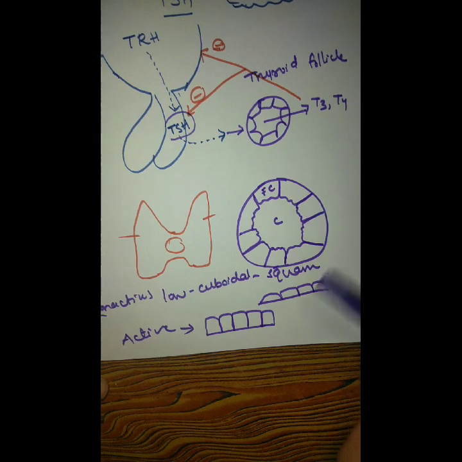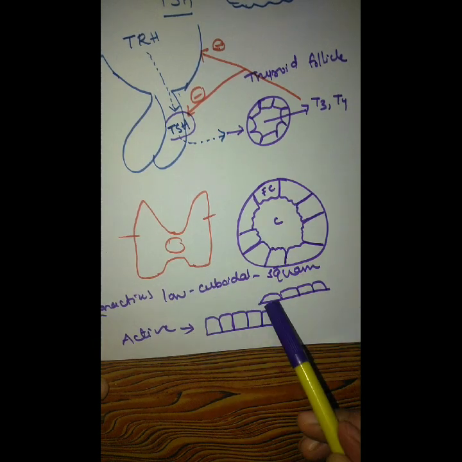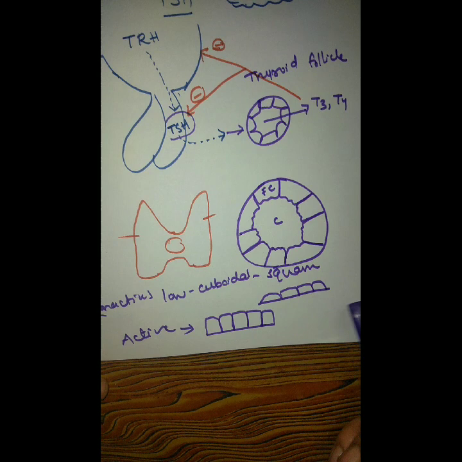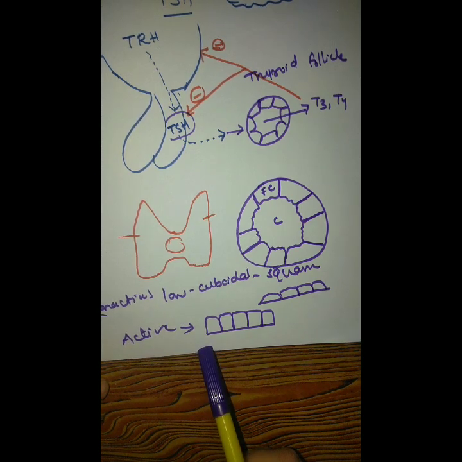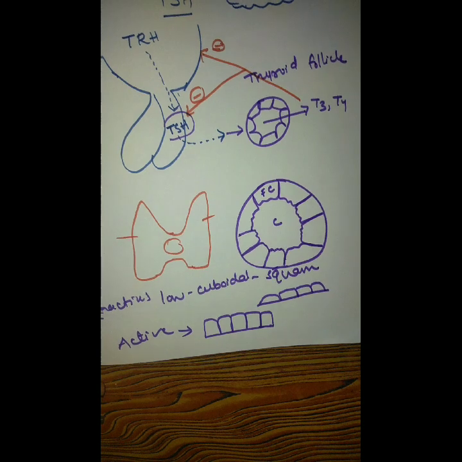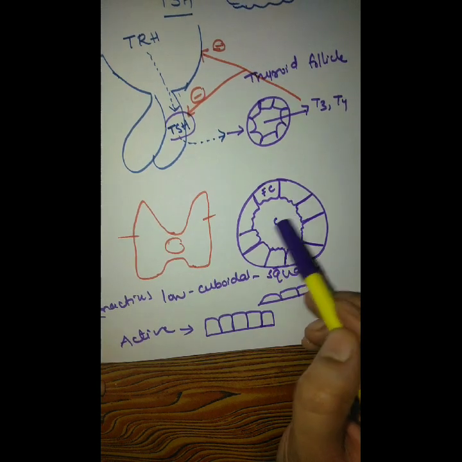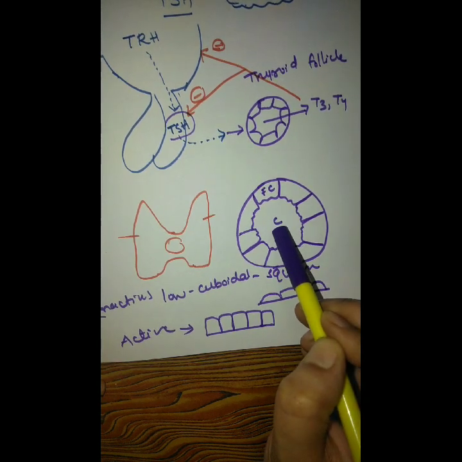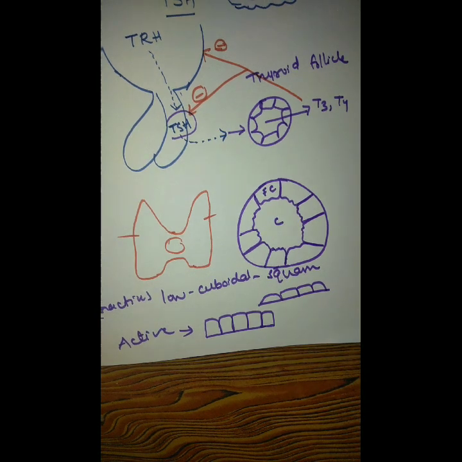When these follicular cells are inactive, at that time they look like low cuboidal to squamous kind of cell. And when they are active, means when they are under the influence of thyroid stimulating hormone, at that time they appear like cuboidal to low columnar like shape, and at the center there will be colloid. So basically in the colloid your T3 and T4 hormone will be present.